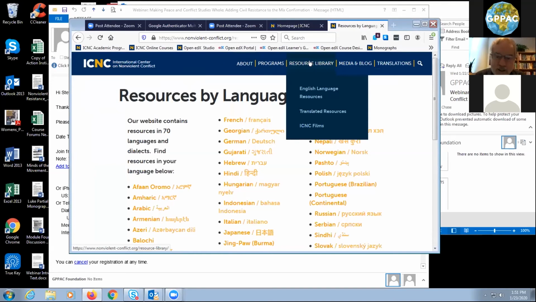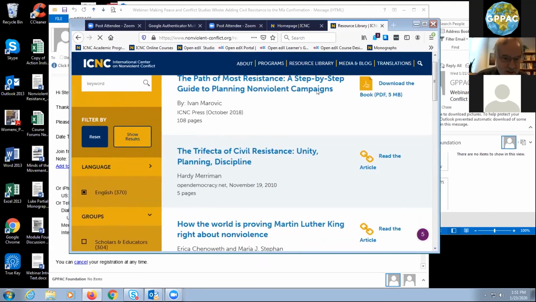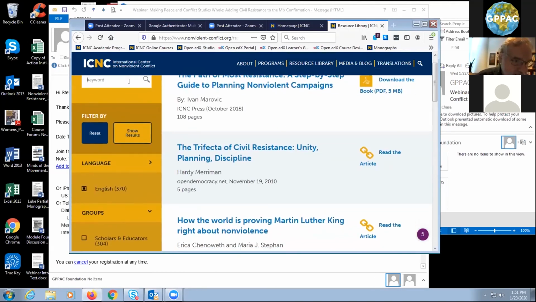I think one good example, let's see if I can just find it quickly. It's always on the fly. USIP, the United States Institute of Peace, did a training manual on synthesizing nonviolent action and peacebuilding, and they call it the SNAP manual.